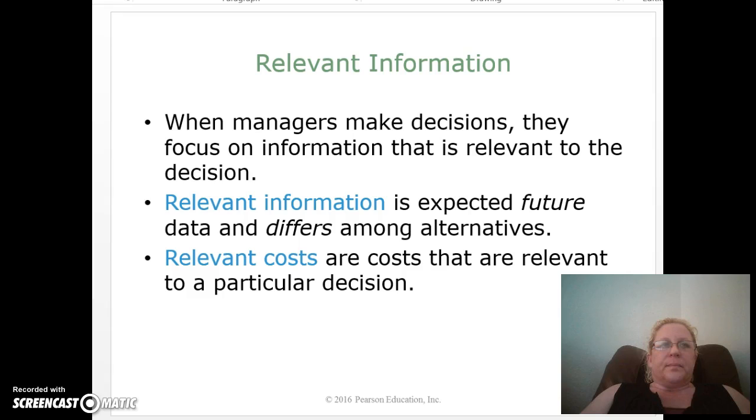Each truck model has a different invoice price, sales tax, and an insurance premium. These costs are relevant because they can affect the decision of which truck to purchase. The same principle applies to all situations. Only relevant data affects decisions.